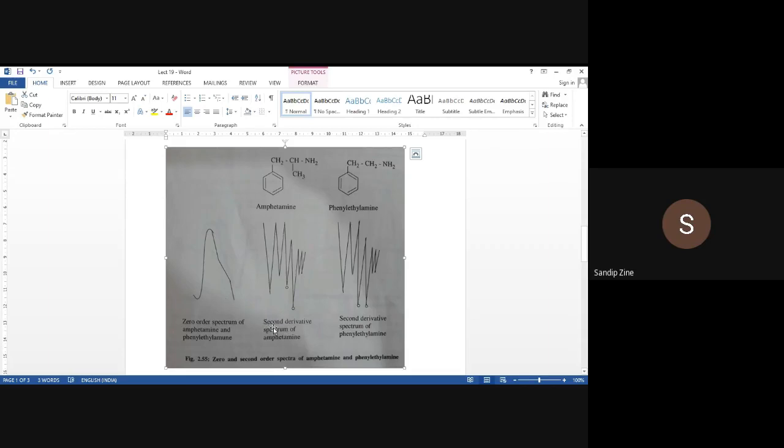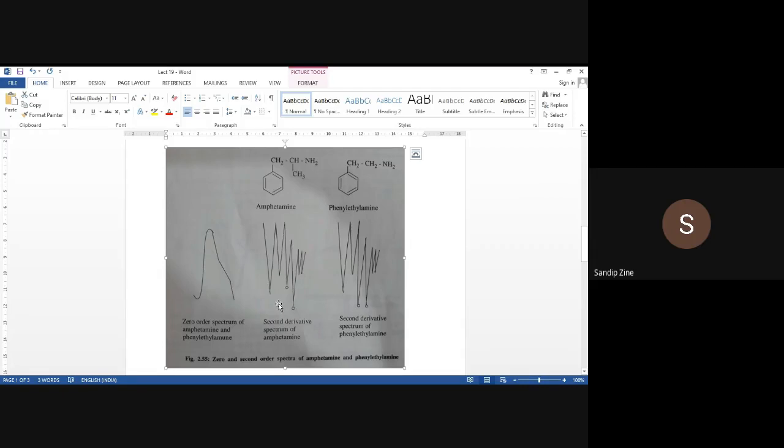This is the second derivative spectrum of amphetamine, and this is the second derivative spectrum of phenylethylamine. If you see the pattern over here, this is one dot and this is another dot. This peak, whatever the peak size is, is equal over here in phenylethylamine, and in amphetamine it is somewhat lower as compared to the second peak.